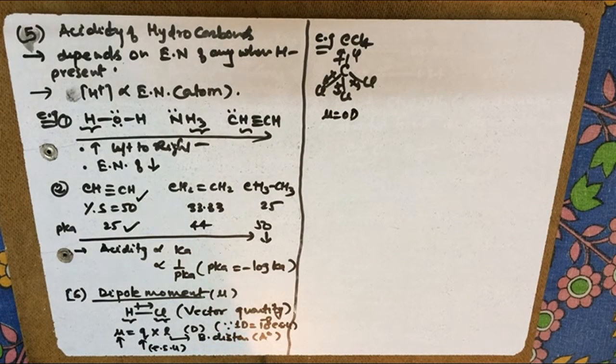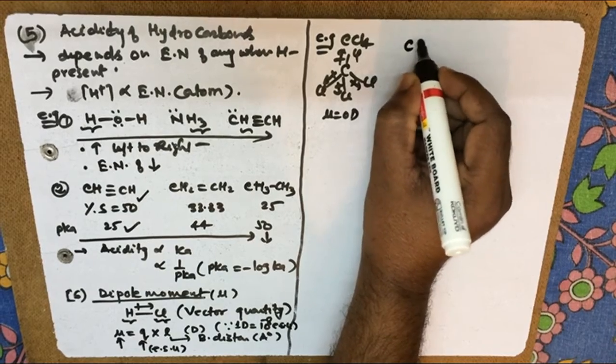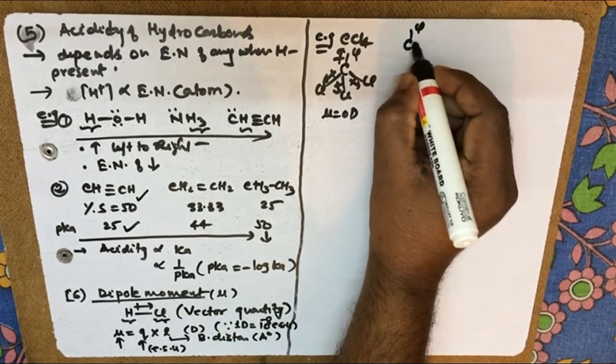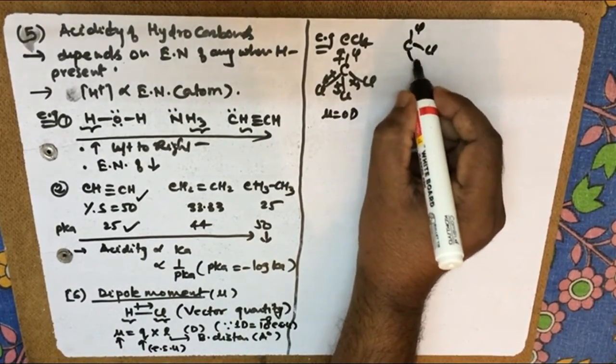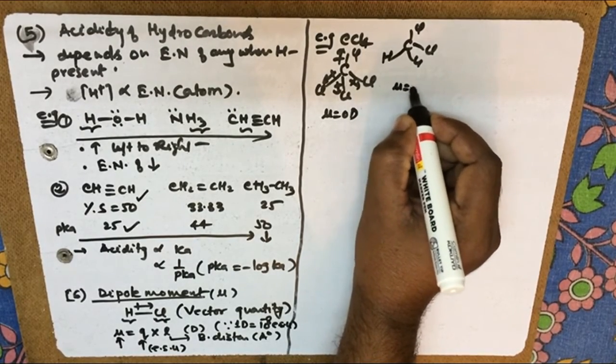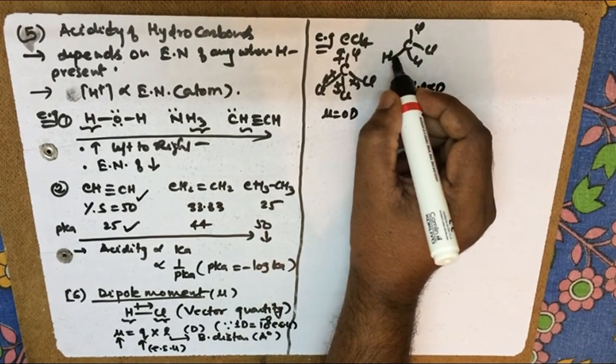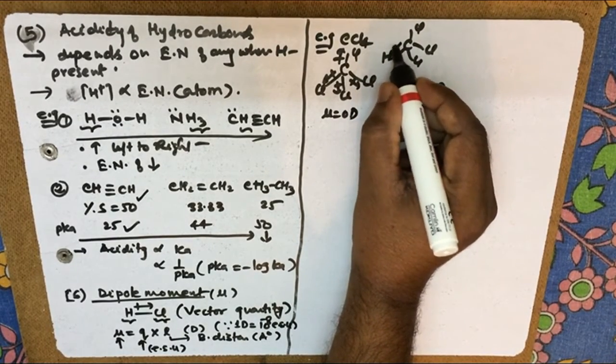Okay. And similarly we can say other examples like CHCl3. Here it will not be 0, here it will be 1.87 Debye, because the electronegativity for hydrogen is like this.